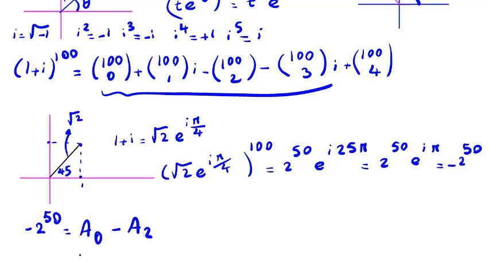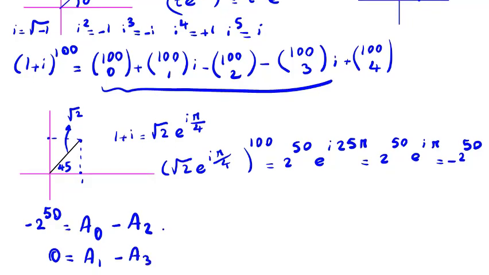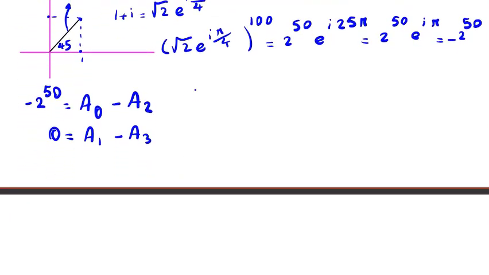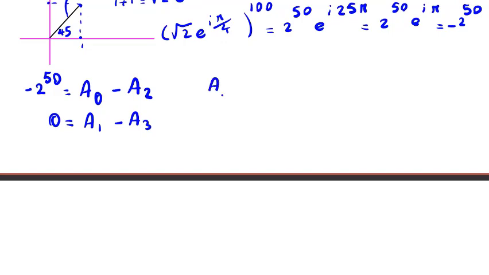And also we concluded that the imaginary part is 0. The imaginary part is A1 minus A3. So let's write down the things that we've reached so far. A0 plus A2, we said, is A1 plus A3, which equals 2 to the power of 99.